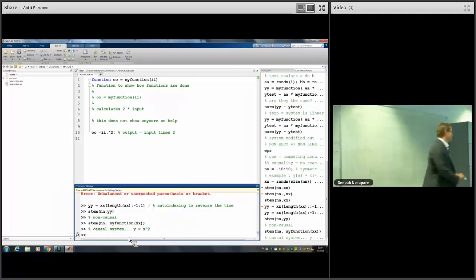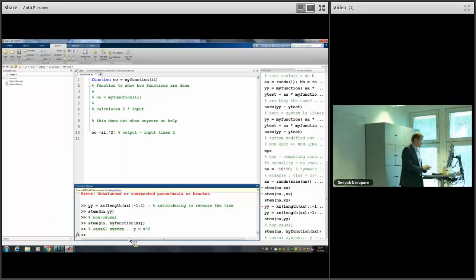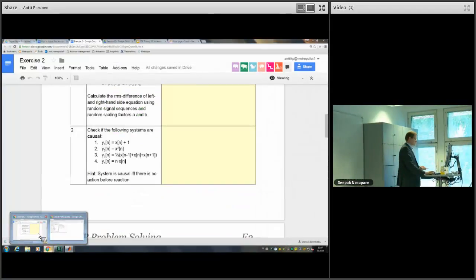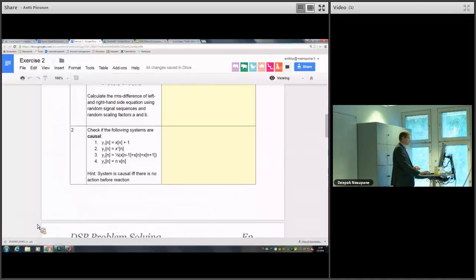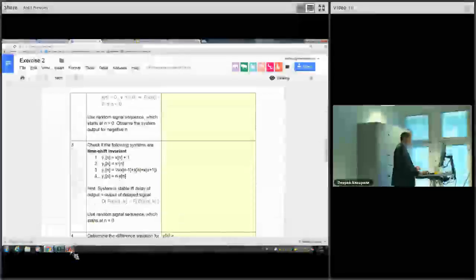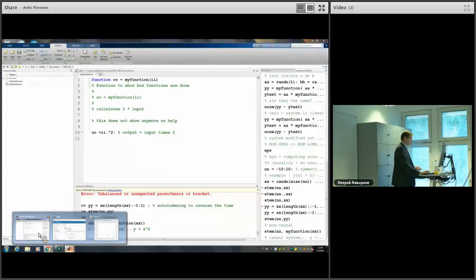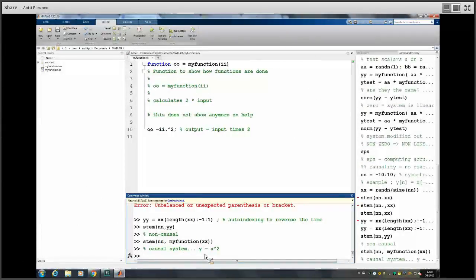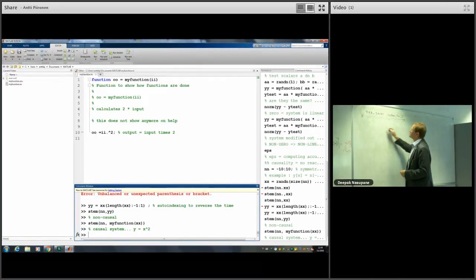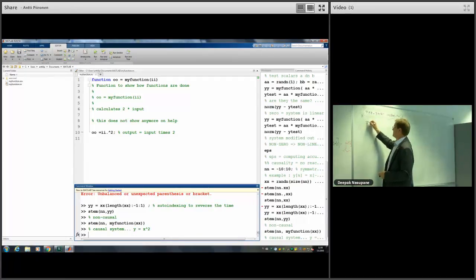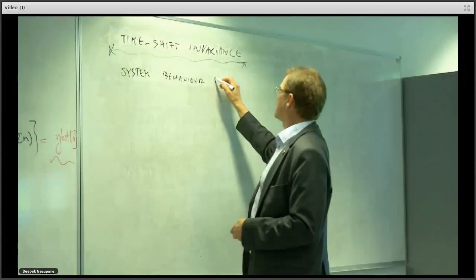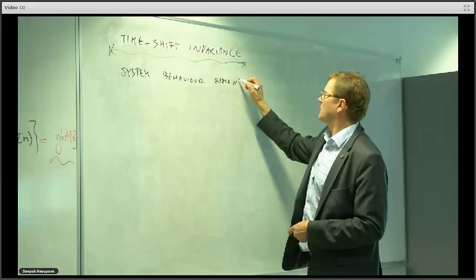All right, linearity, causality, and the third one was time shift invariance. Time shift invariance means if a system, so basically system behavior remains the same.